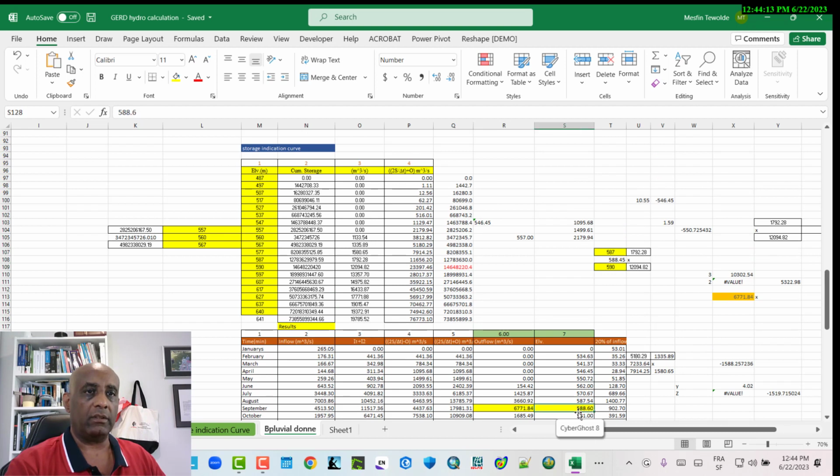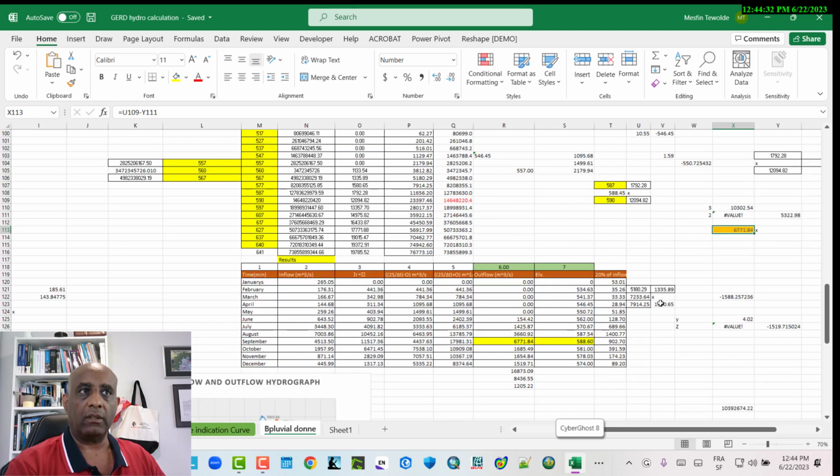So the elevation, the HEC. I did the calculation using this interpolation, using the elevation. And this one, yes, I found out is exactly the same as the HEC-HMS. So that's it.